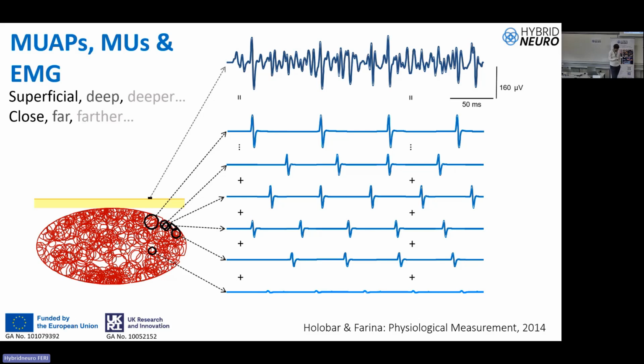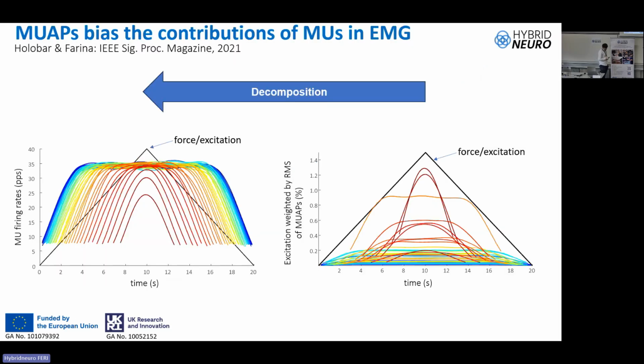They are contributing their energy depending on where they are, how big they are, how close to the electrode they are, and so on. We can see that the motor units that are bigger or more superficial contribute a lot more to the force on the right side here.